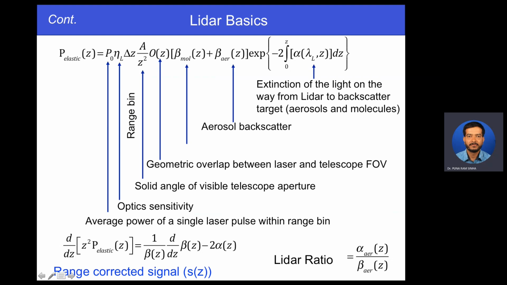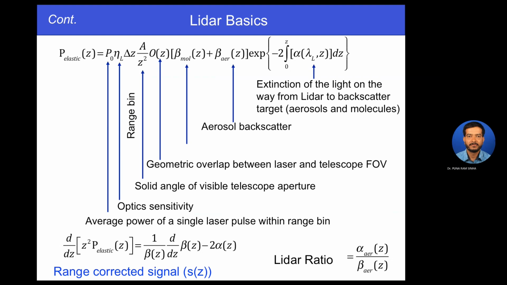If you solve this equation, on the left side you have the range corrected signal, but on the right side you will get two variables. So you have only one equation but two variables, beta and alpha, where beta is the sum of the backscatter due to air molecules and particles, and alpha is also contributed by both aerosol particles and air molecules.